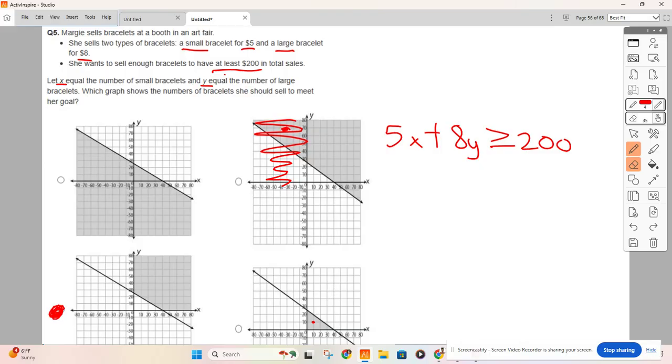So 0, 0 down here is shaded, right? On this option, if I put in 0, 5 times 0 is 0, plus 8 times 0, which is 0. Is 0 greater than or equal to 200? No, which means where the 0 is should not be shaded. So I know that this one's wrong. And then I can just look at the fact that this has to be shaded above and only in the first quadrant.